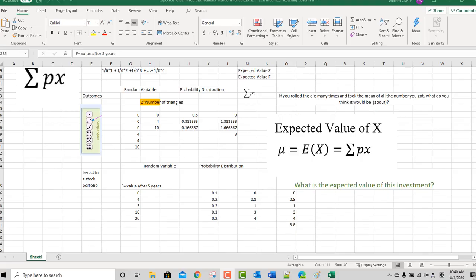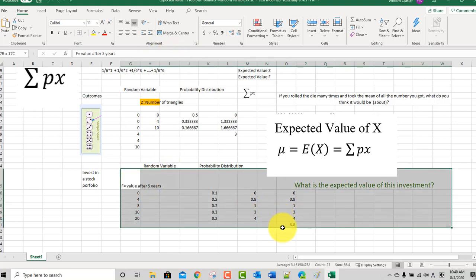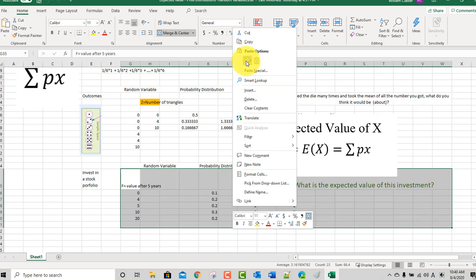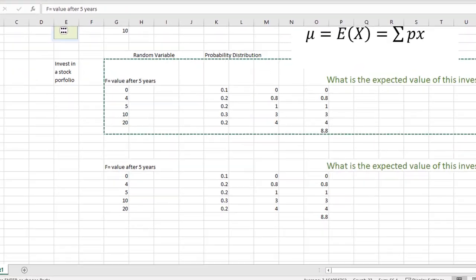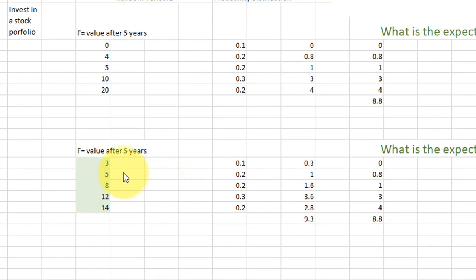Okay, so let's compare that with another investment. Let's do something like this. Just copy this, but let's change the values for the outcomes. So let's change them to this. This one is a little bit more conservative in the sense that it doesn't go down to 0, but it doesn't go as high either. So not quite as good on the high end.